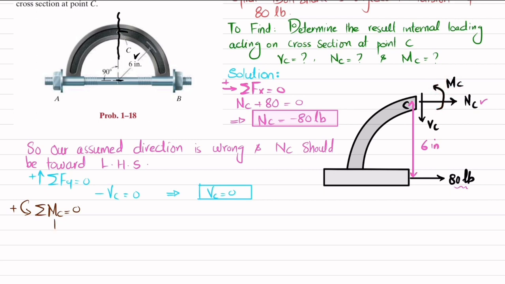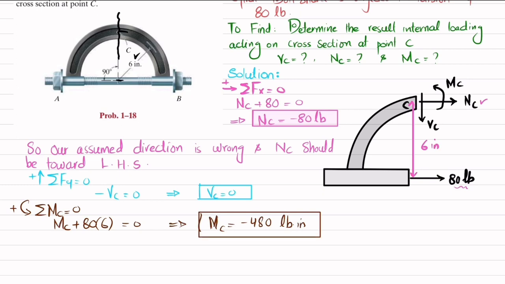So I will write MC, and the moment produced due to this 80 pound force into the perpendicular distance about point C, which is 6. So 80 into 6, and this is also producing counterclockwise moment, so it will be positive. So I will write plus 80 into 6 is equal to 0. So from here you will get MC equal to minus 480, and the unit will be pounds into inch.